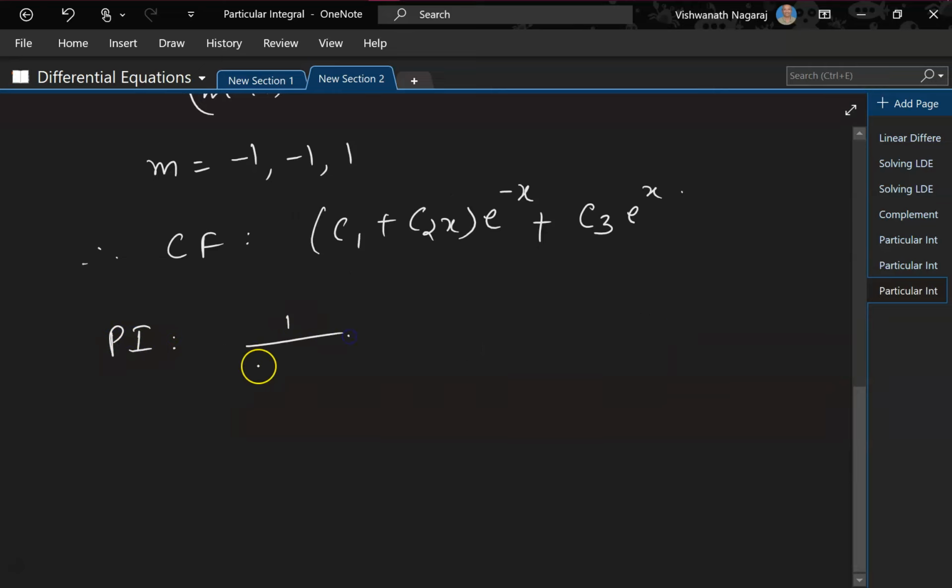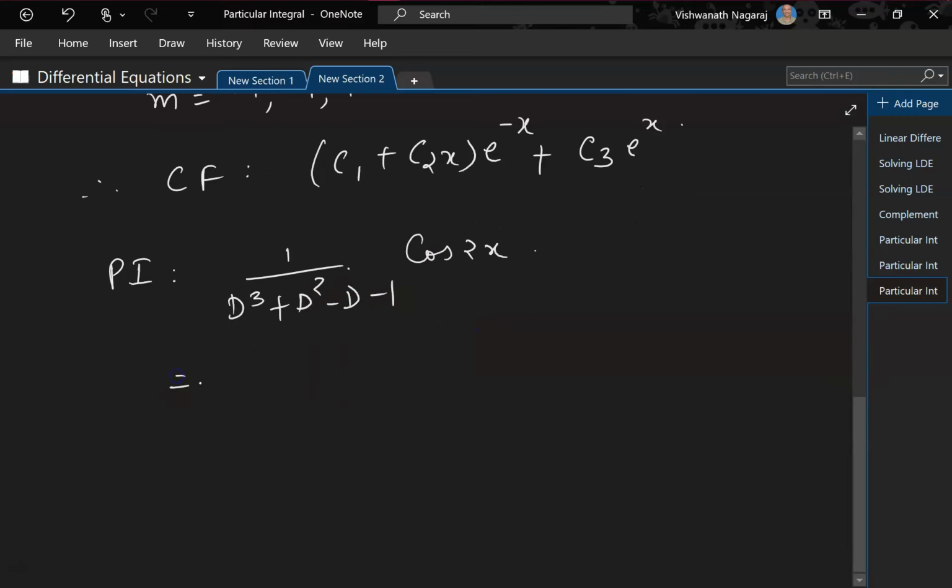Okay, let's look at the particular integral. This would be 1/(D³ + D² − D − 1) cos 2x. Okay, this can be written as 1/(D(D² + D²) − D − 1) cos 2x.